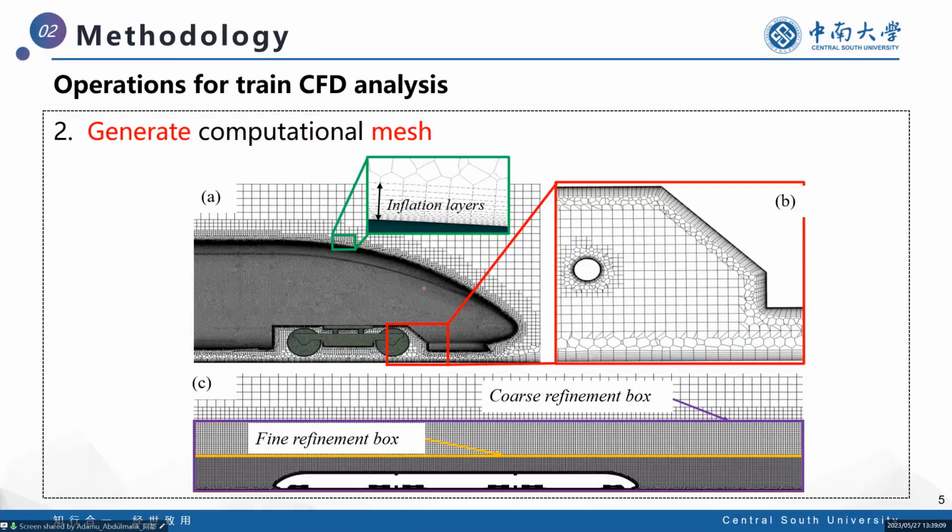So what is a mesh? Mesh is the process of discretization. Discretization means that we will need to cut this computational environment, the train itself, because we are going to put the train inside the computational domain, the body of influence and the flow inside the computational domain, so as to provide a reduced computational power in each of the mesh.